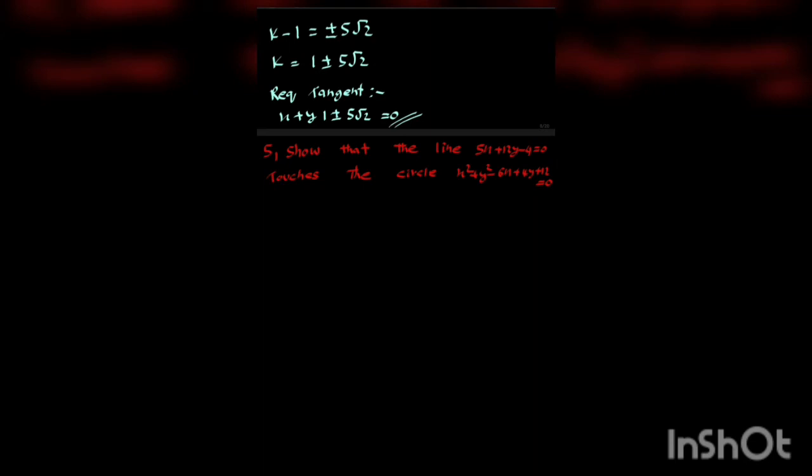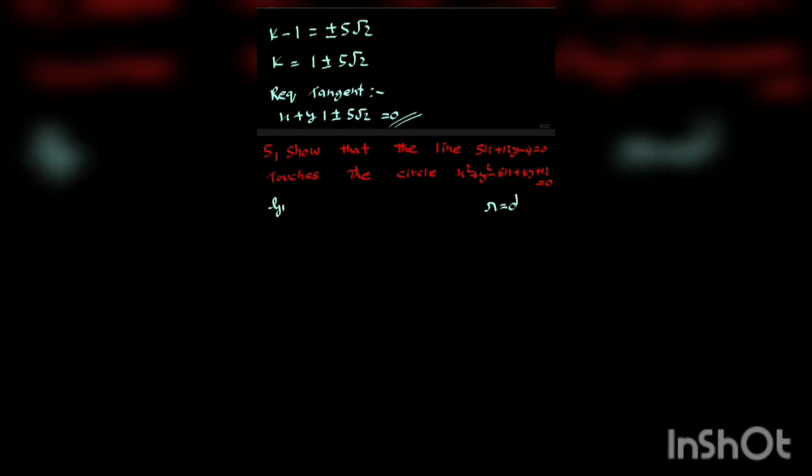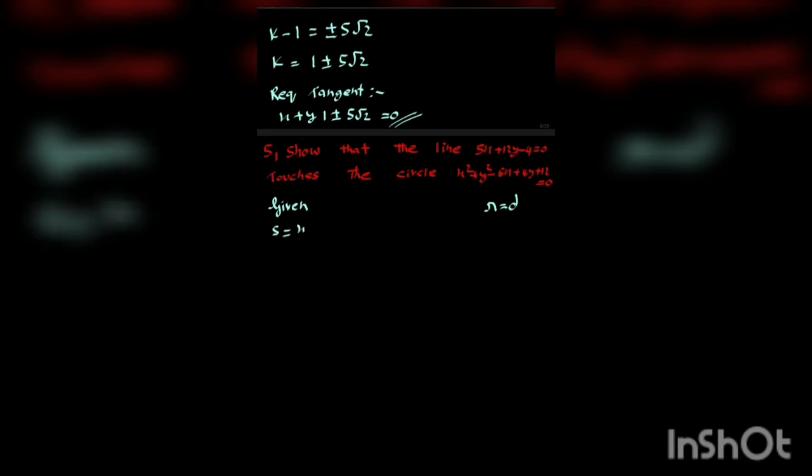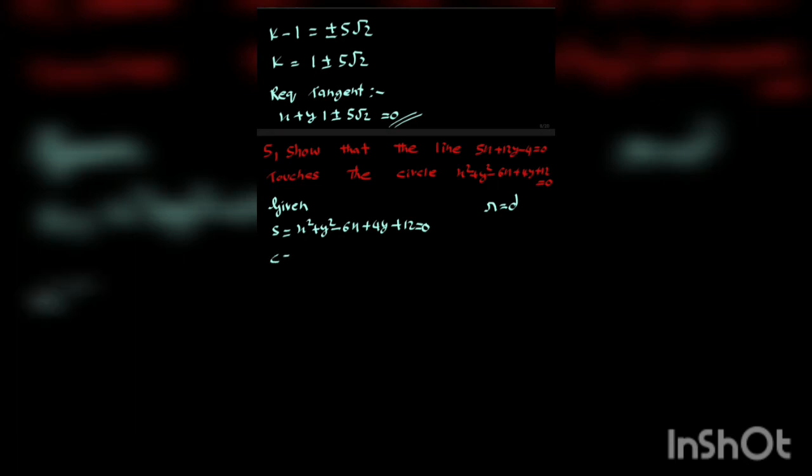So whenever a line touches a circle, then we have a condition, that is r is equal to d. So see the solution. Given circle S is equal to x square plus y square minus 6x plus 4y plus 12 equal to 0. So from this circle we can find C. So what is C?